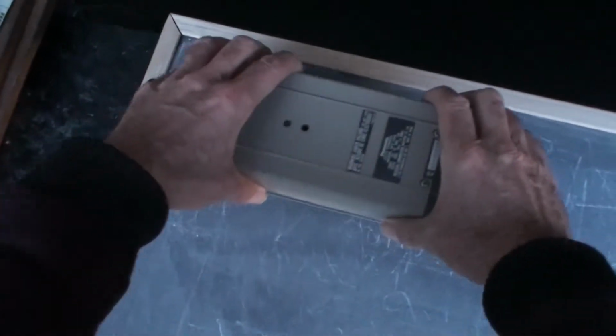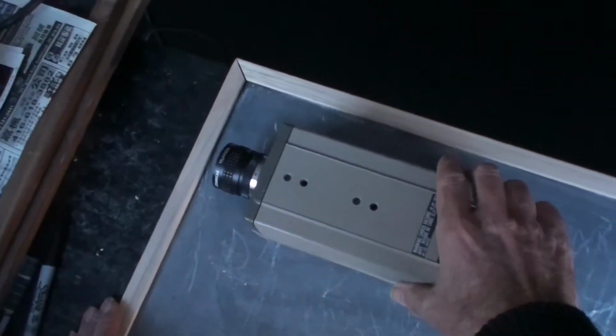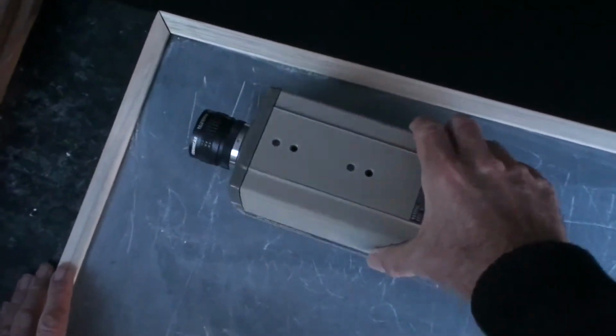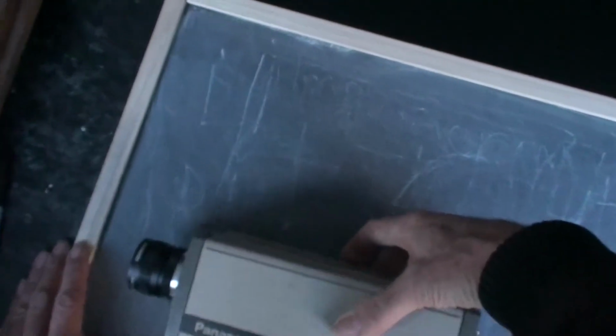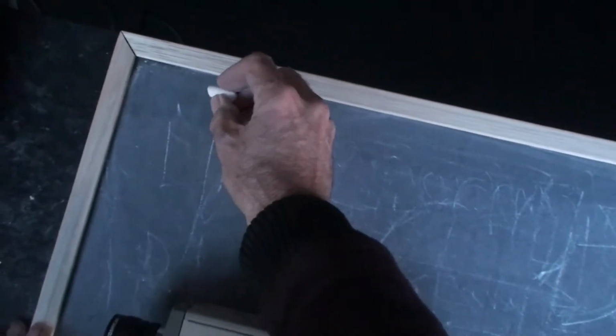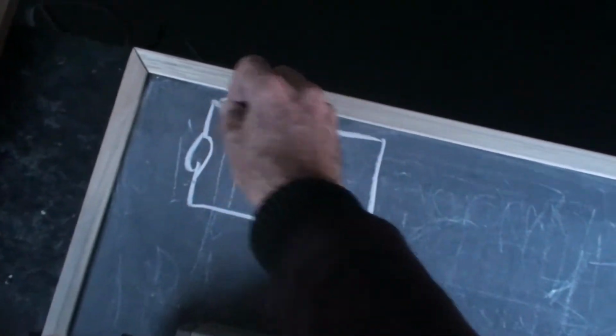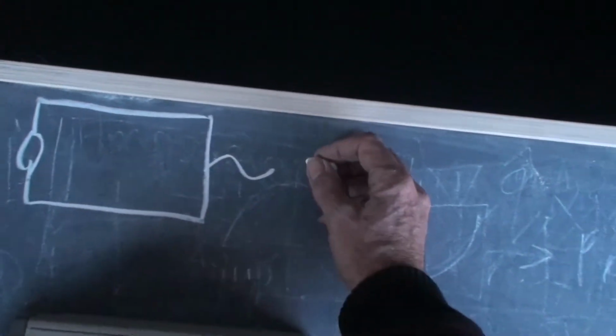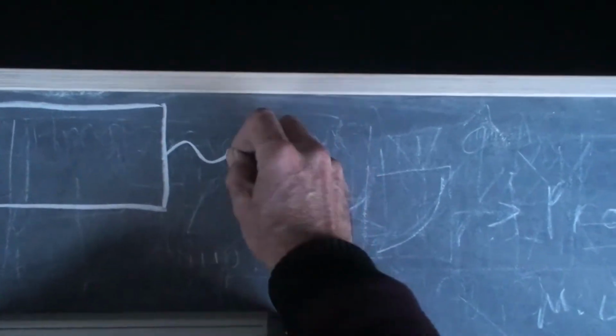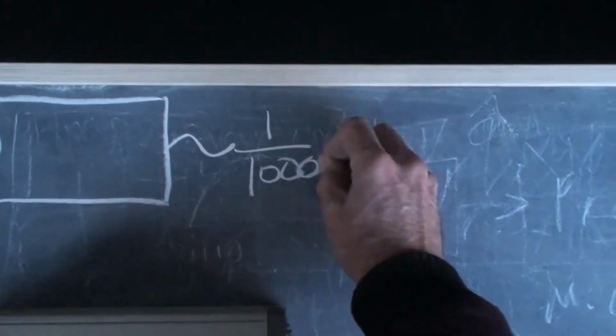the camera captures the scene, and what I did is I captured images in rapid succession. So I would take this camera and capture an image at one particular exposure. The first image, let's say, is at 1/1000th of a second.